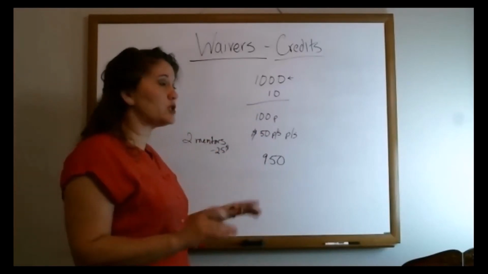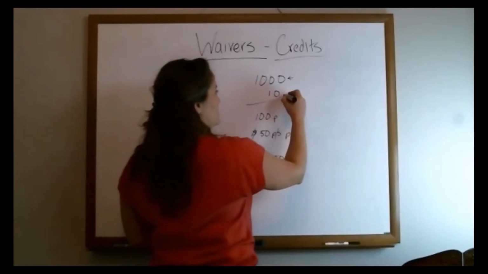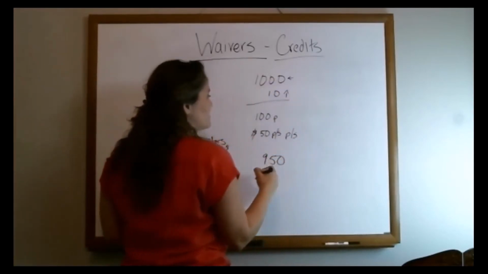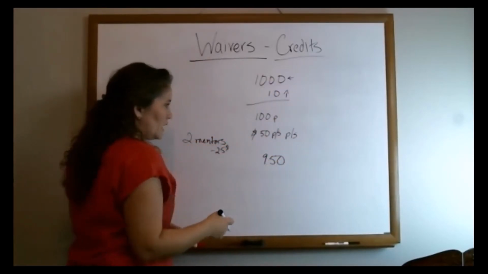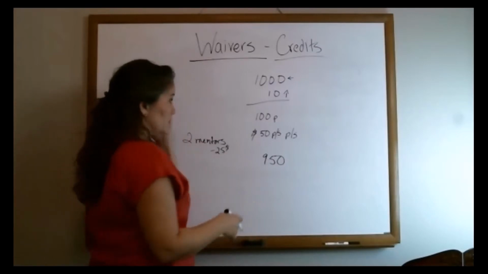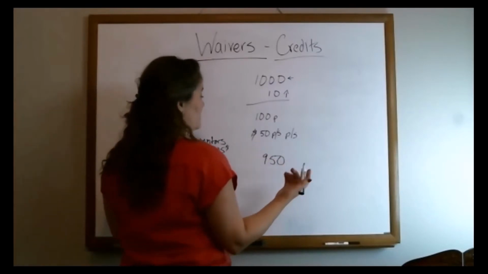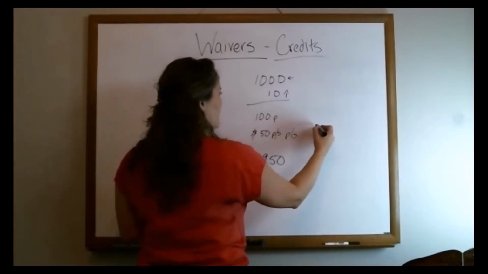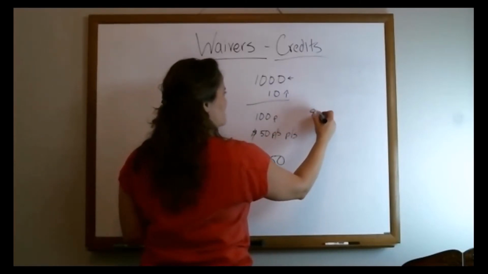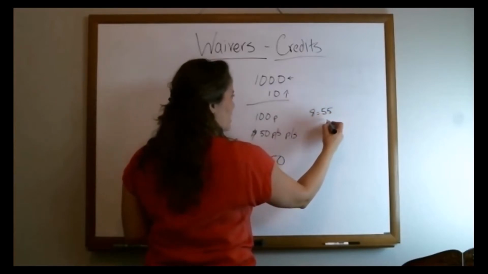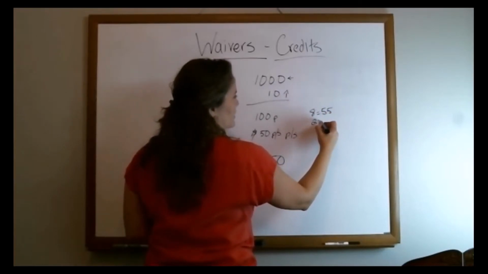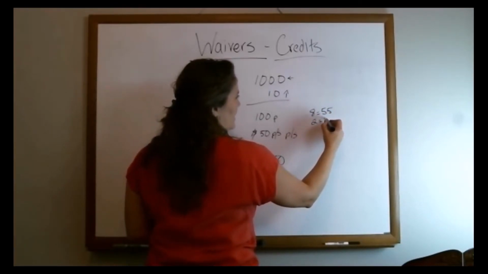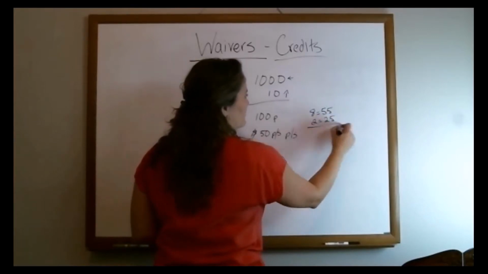Or the other option is I can raise the fees for the other 8 kids, right? I don't know what that would be. Let's pretend that it's $55, okay? So now I've got 8 kids that are paying $55, and I've got 2 kids that are paying, let's say, $25.